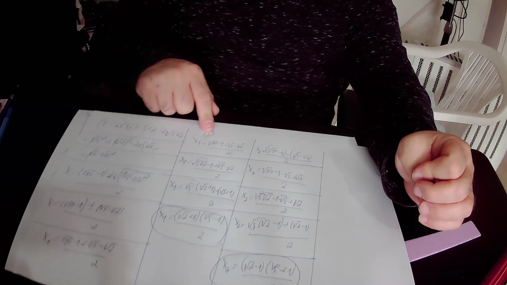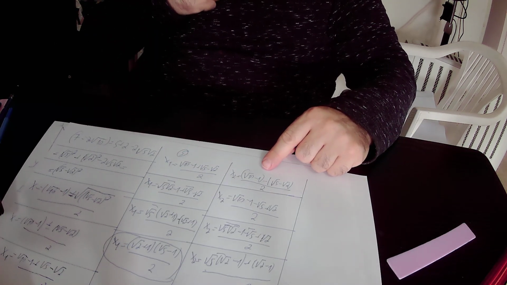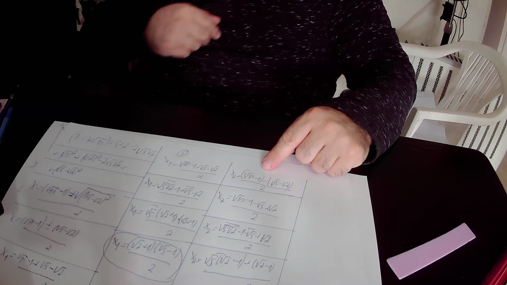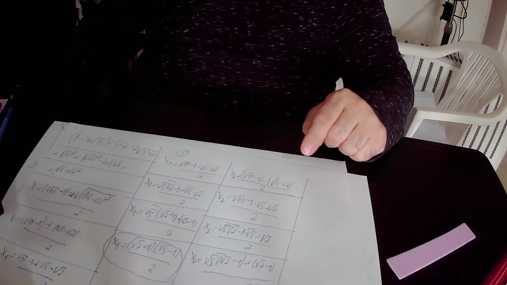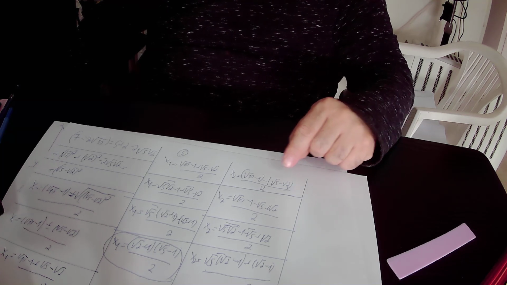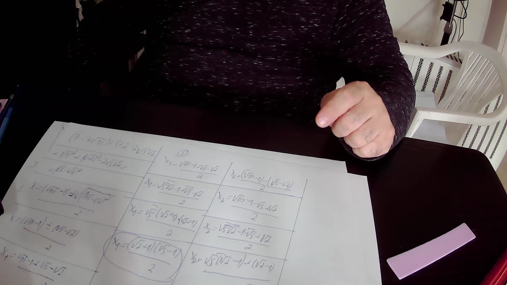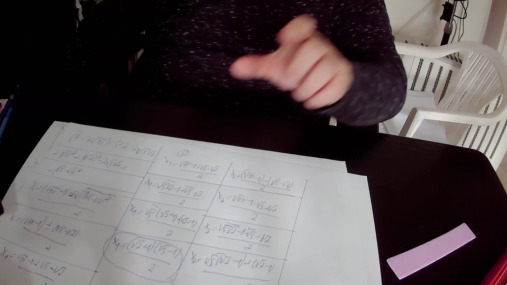This is the first solution, x1. And the second solution for x is square root of 10 minus 1 minus square root of 5 minus square root of 2 over 2. So we have here two solutions for x, x1 and x2.